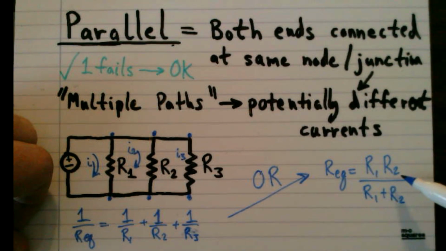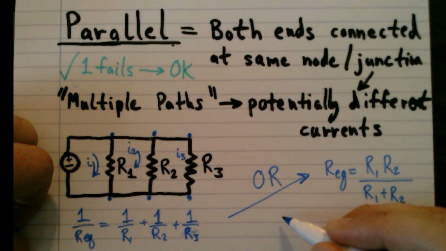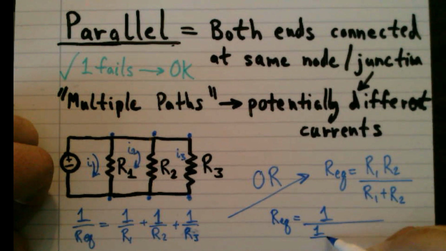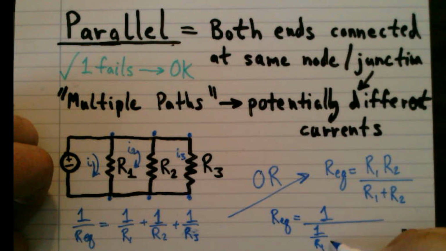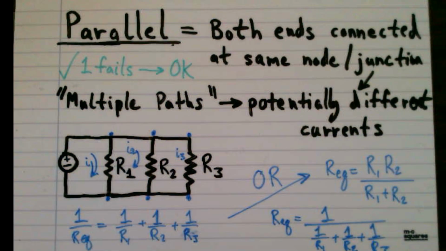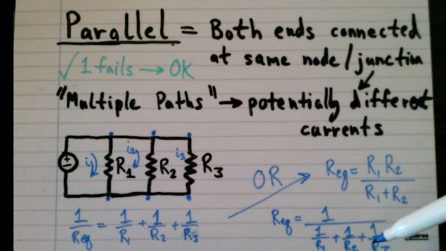And for 3 resistors, the equivalent resistance is equal to 1 over 1 over R1 plus 1 over R2 plus 1 over R3. So you can see here we have our formulas for the equivalent resistance of resistors in series and resistors in parallel.